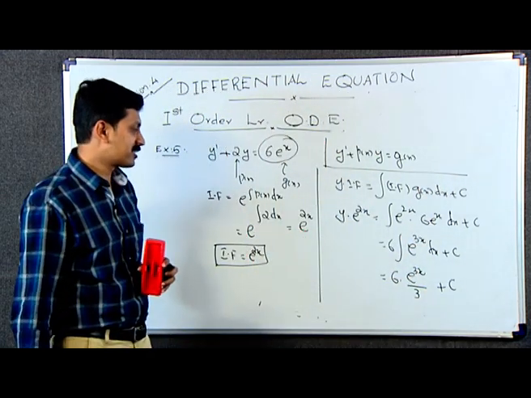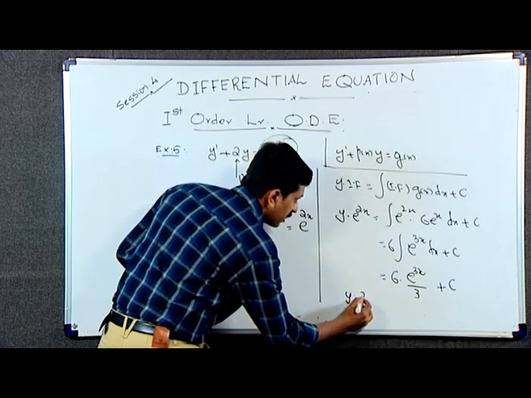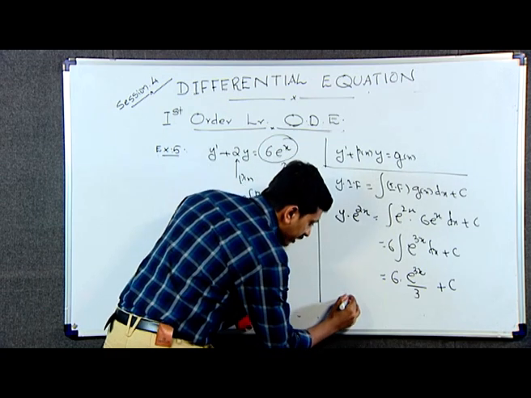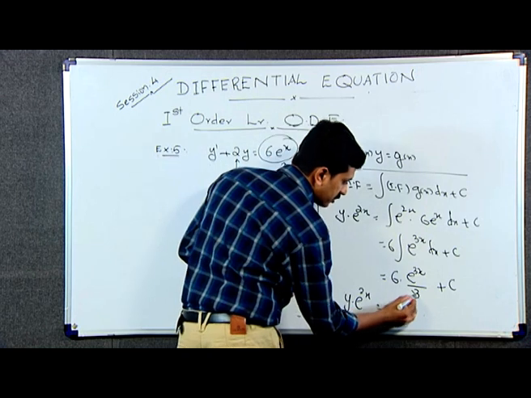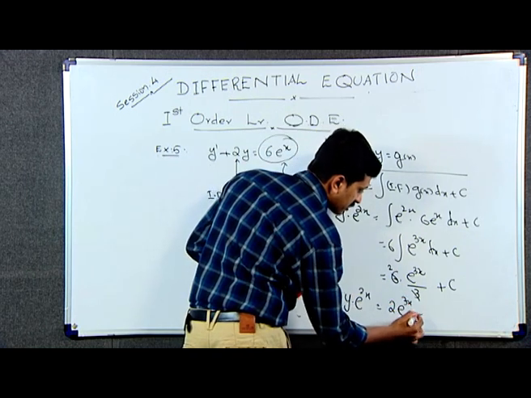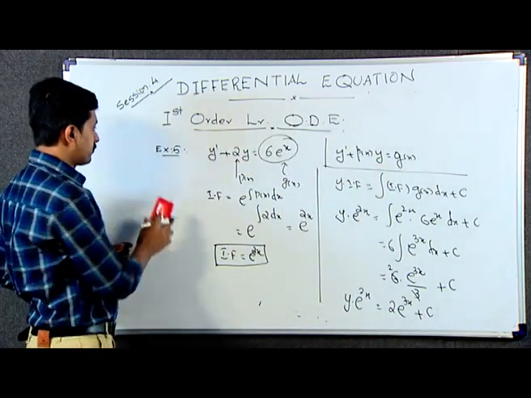Therefore, y e raised to 2x is equal to, we can cancel 3 and 6, 2 e raised to 3x plus c.